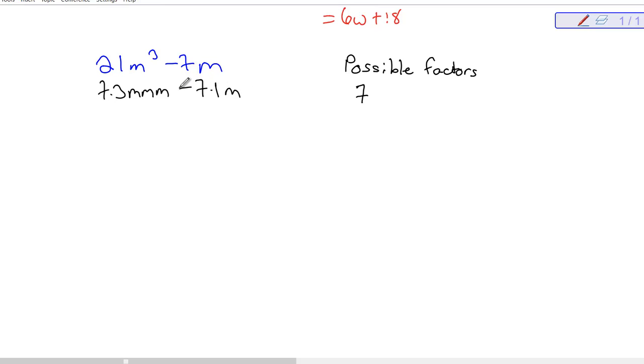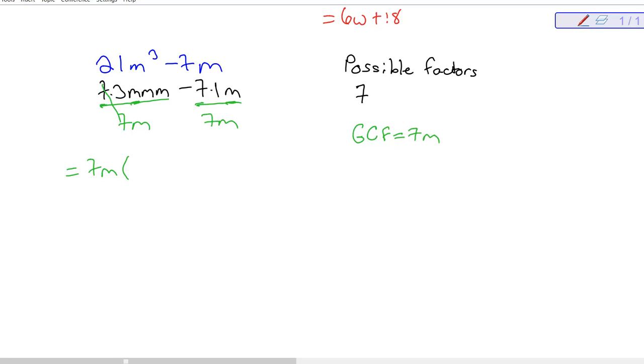Notice I've got a 7 in both of them, and I also have 1 m in both of them. Therefore, my greatest common factor is going to be a 7m. So I'm going to put that on the outside of my parentheses, and I'm literally going to divide both of these by a 7m.